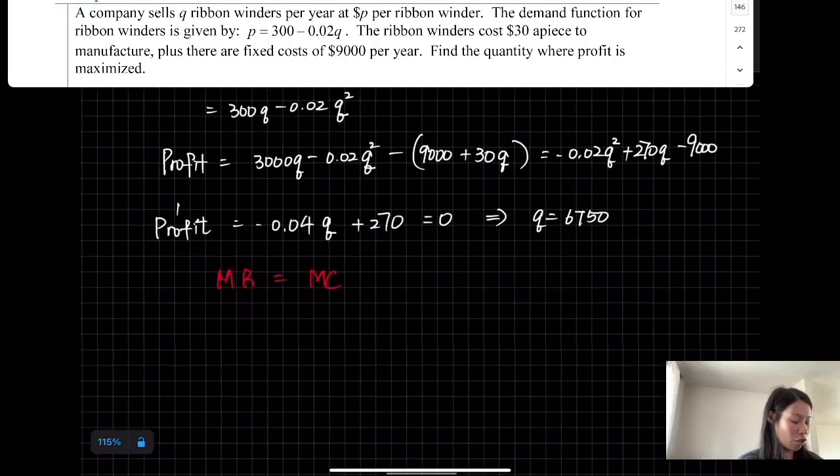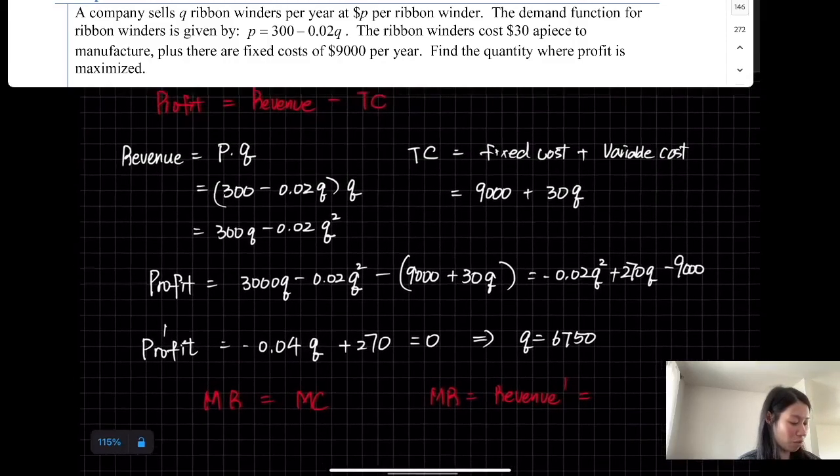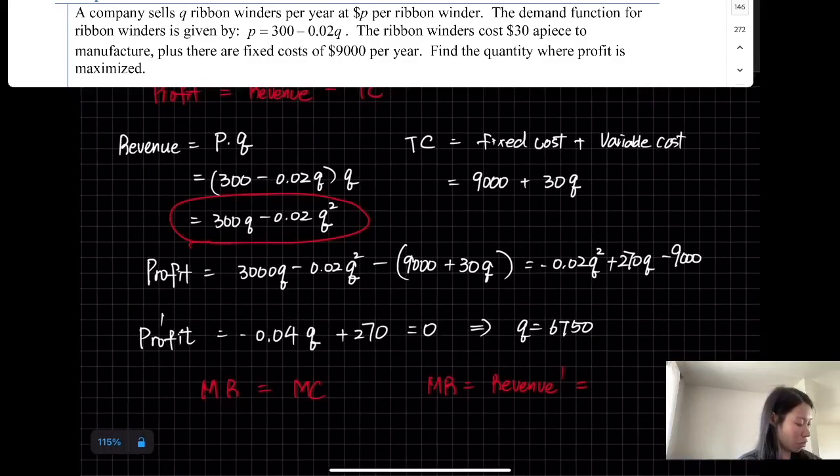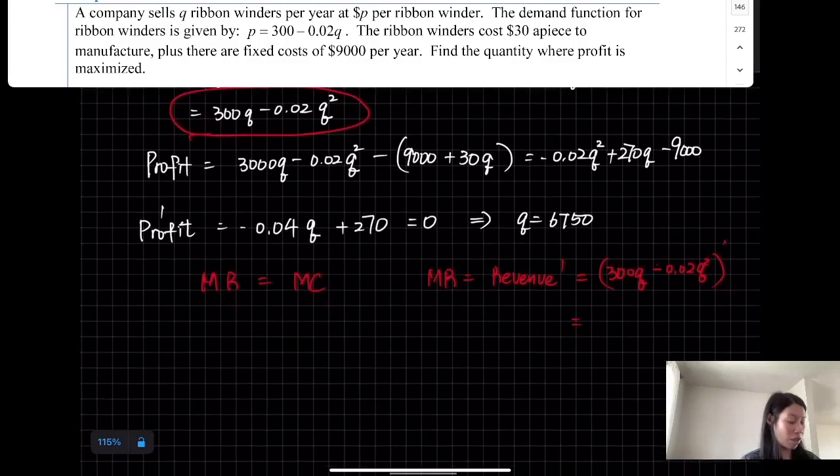By definition, marginal revenue is equal to the first derivative of the revenue. Our revenue function from before is equal to 3,000 Q minus 0.02 Q squared. Taking the first derivative, we get 3,000 minus 0.4 Q.